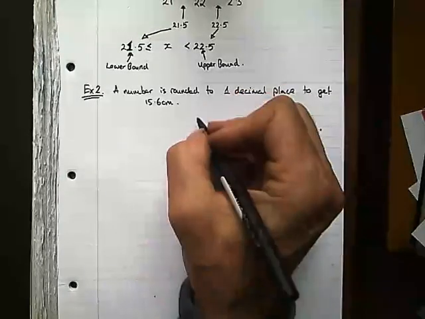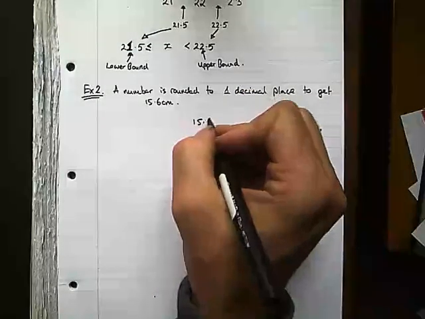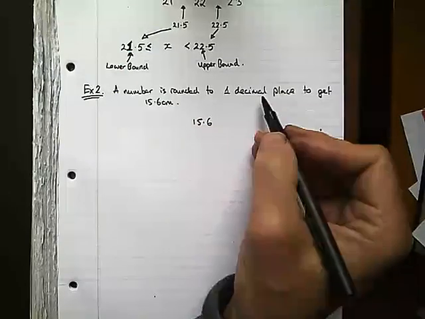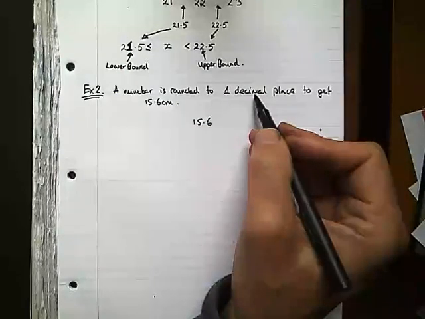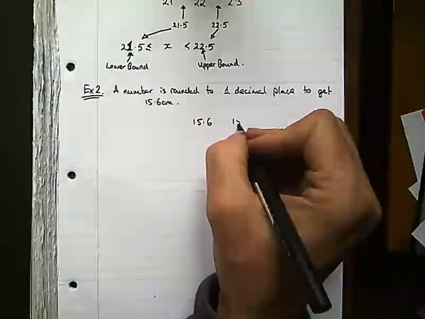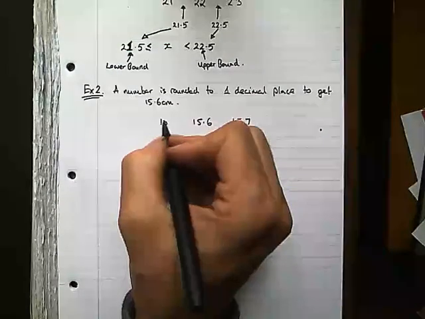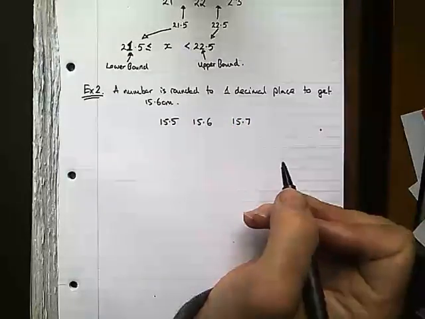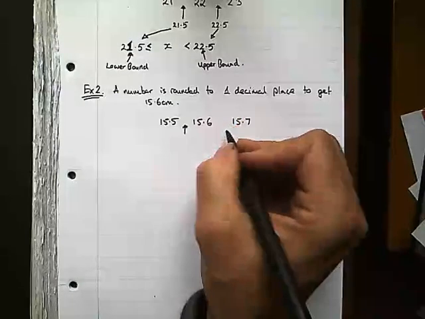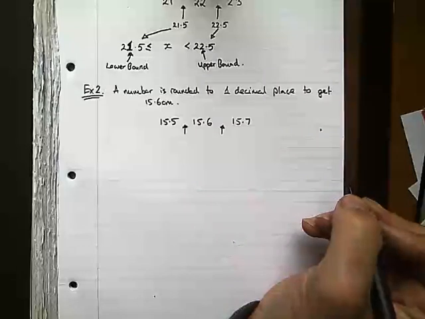So remember 15.6 is where we start. That's the bit in the middle. I want to add on 1 decimal place, so that's 15.7, and take off 1 decimal place, so that's 15.5. The bits in the middle are going to be our bounds.